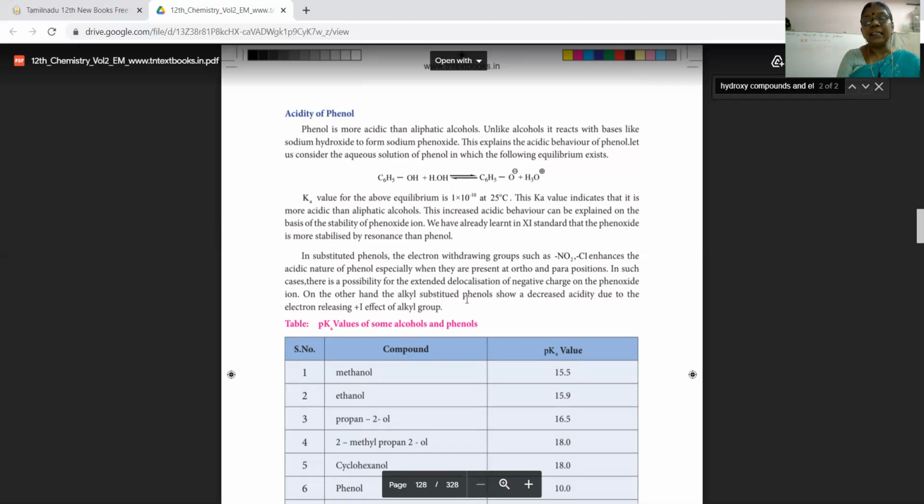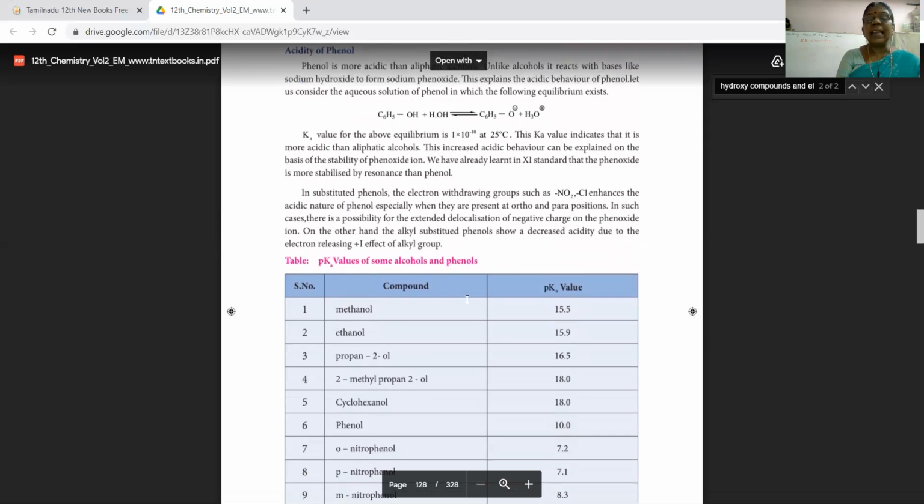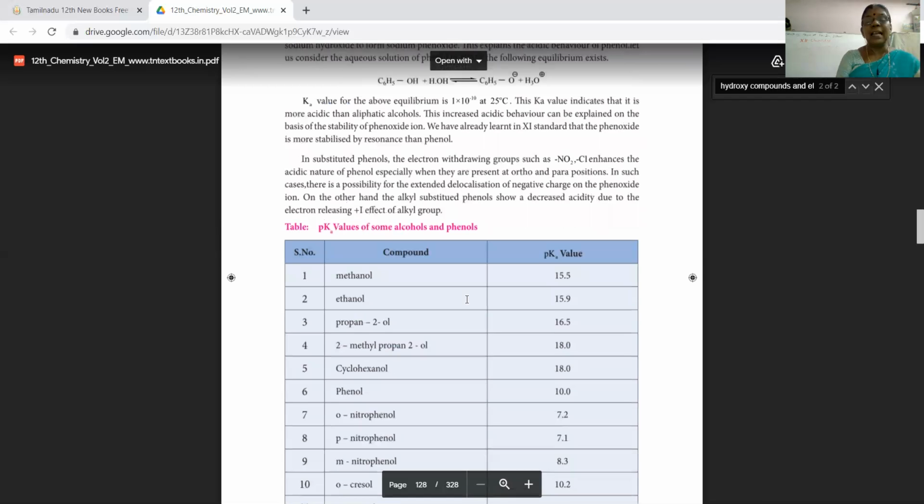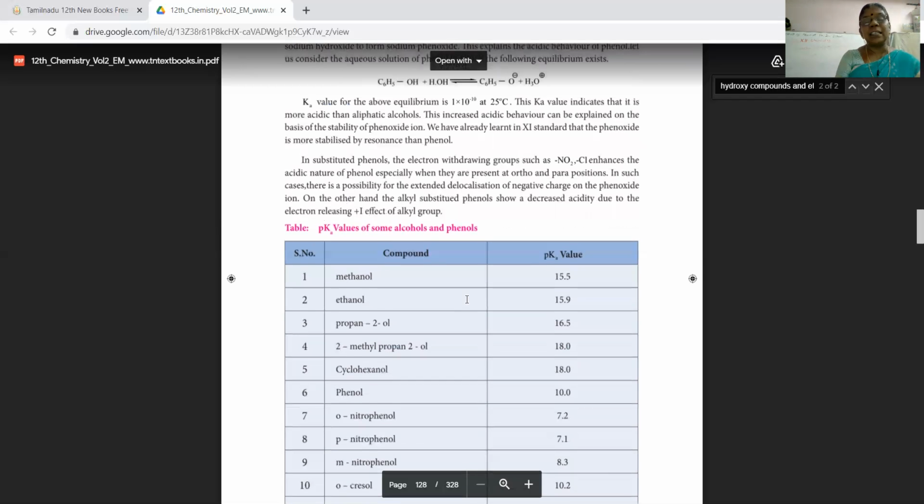We have already learned those things in our 11th standard. In substituted phenols, electron withdrawing groups such as NO2 and Cl enhance the acidic nature of phenol, especially when they are present at ortho and para positions. In such cases, there is a possibility for extended delocalization of negative charge of the phenoxide ion.